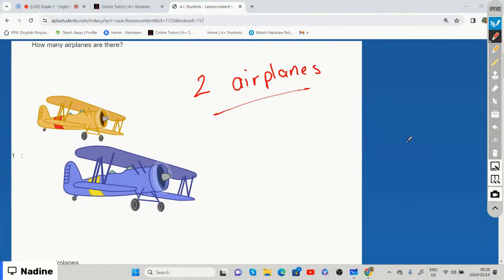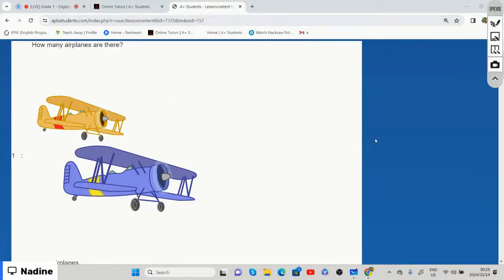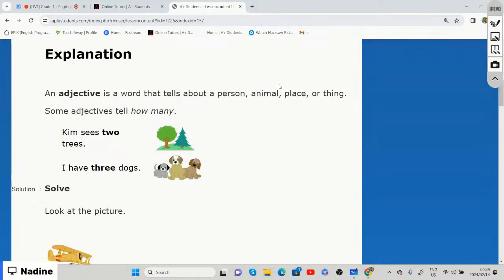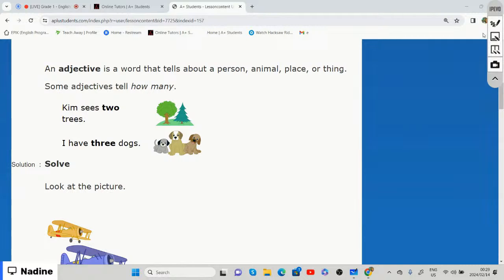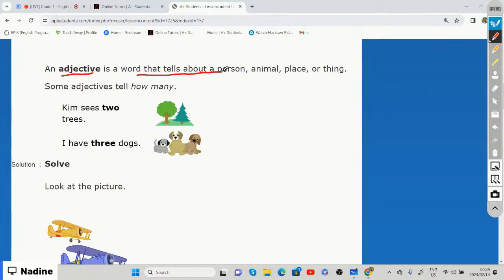So we have two airplanes. And then we said that an adjective is a word that tells us about a person, animal, place, or thing. And some adjectives will tell us what kind, and some adjectives will tell us how many.